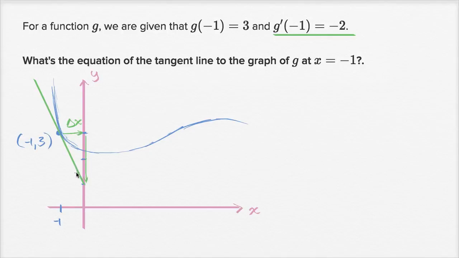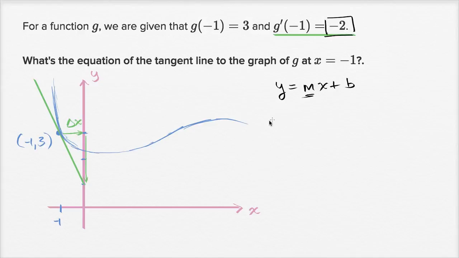There's a couple of ways that you could do this. There are a bunch of different ways to define the equation for a line. You could say a line has the form y is equal to mx plus b, where m is the slope and b is the y-intercept.